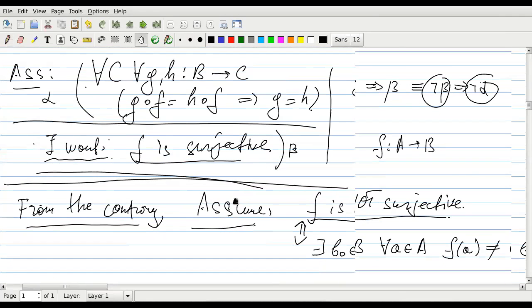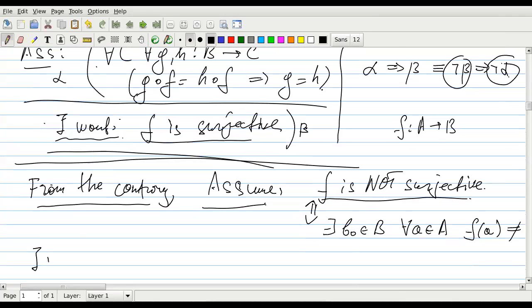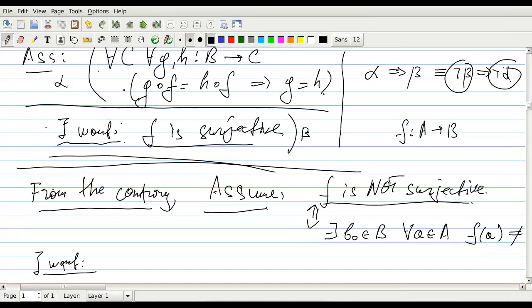So now I want the negation of this assumption. Can you please construct the negation of this one? If the assumption holds, then the conclusion does not. Of course, something like that.